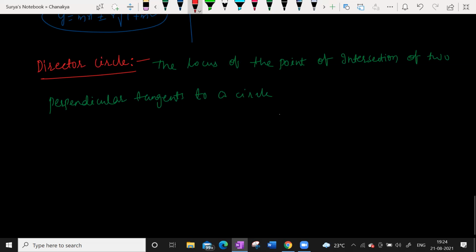Look at how, if I just draw a diagram, there should be two circles like this. If I just draw two tangents and these two tangents are perpendicular.